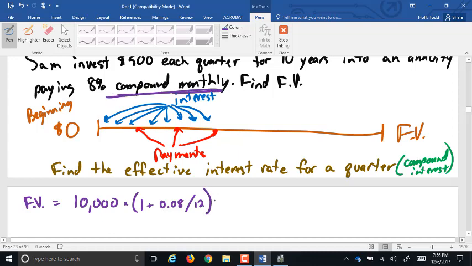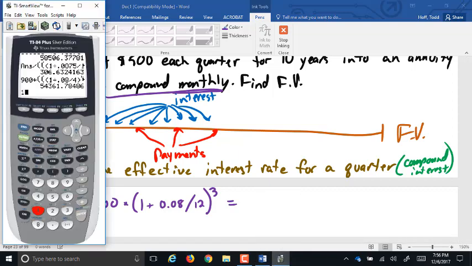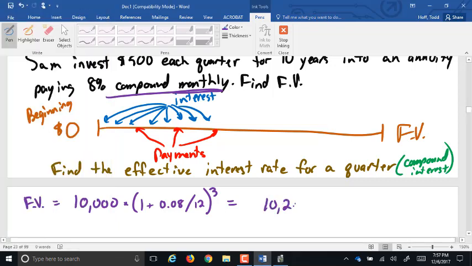How many periods is that going to be? 1 quarter is how many periods? 3 months. You got it. There's 3 compounding periods and 1 payment period. We compound monthly, but we pay quarterly. So 10,201.34 is our future value.